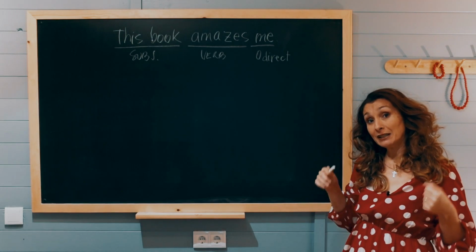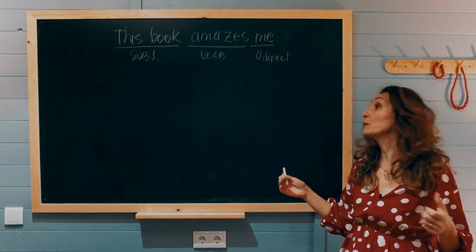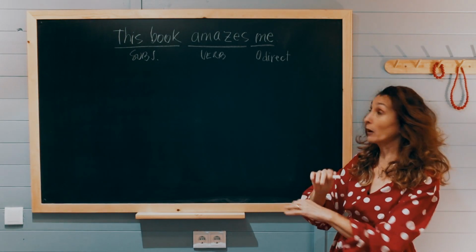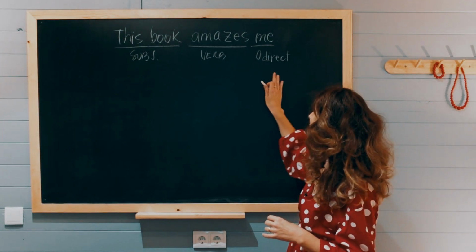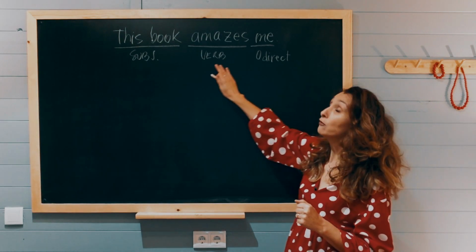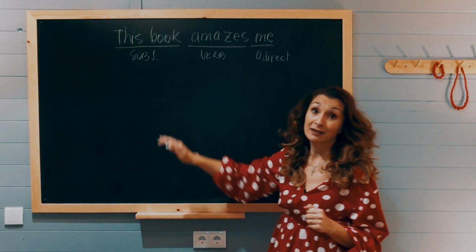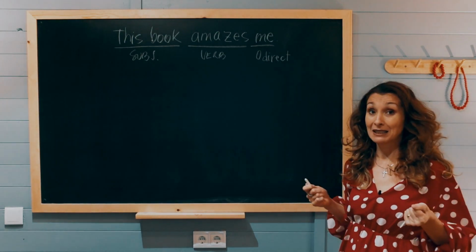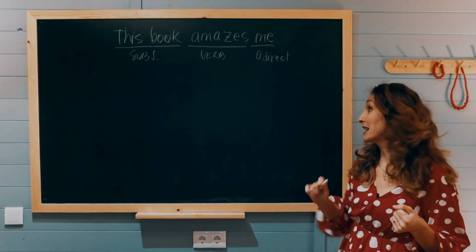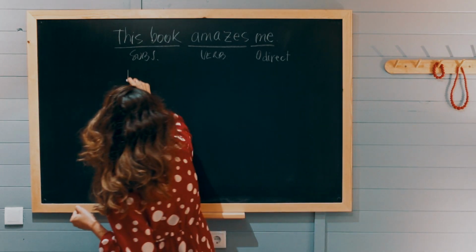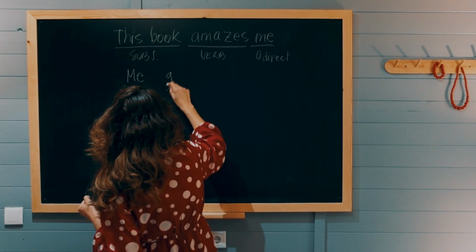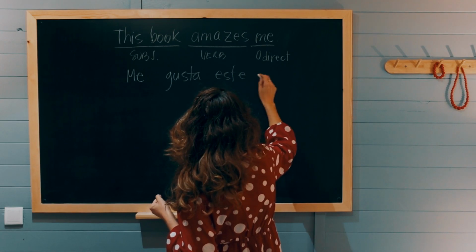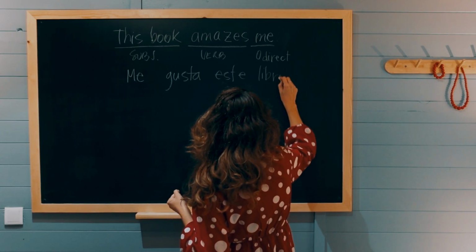And I told you that in Spanish, with the verb gustar, we often see this word order completely reversed, okay? So in Spanish, they will start with the direct object, followed by the verb, and then say what the origin of this amazement is, which will come at the end of the sentence. So they will say, me gusta este libro, okay?